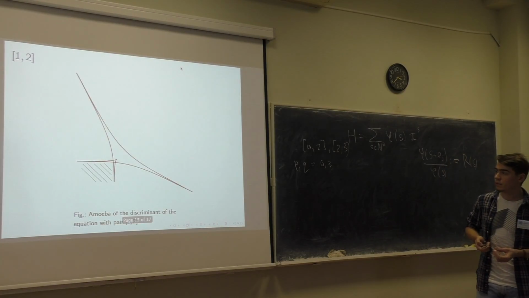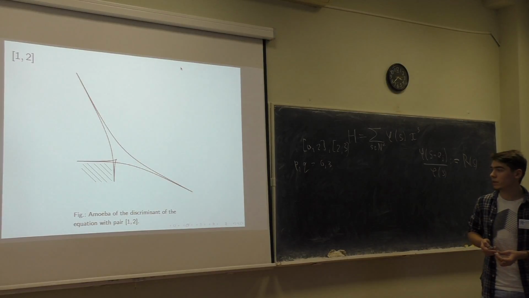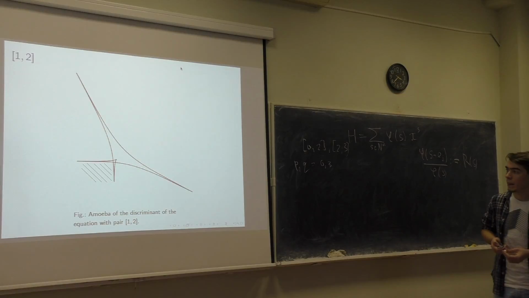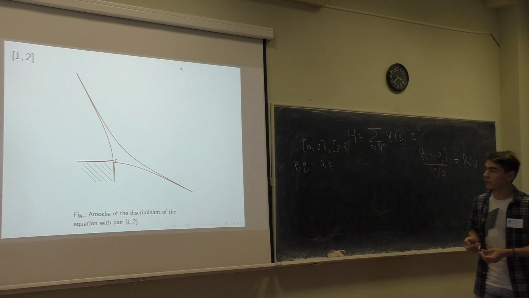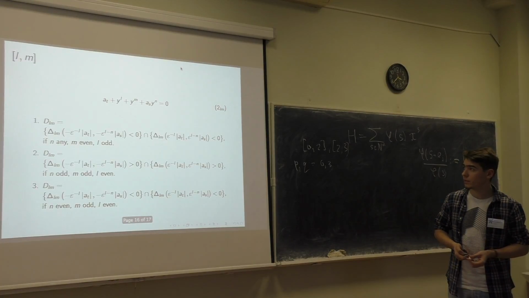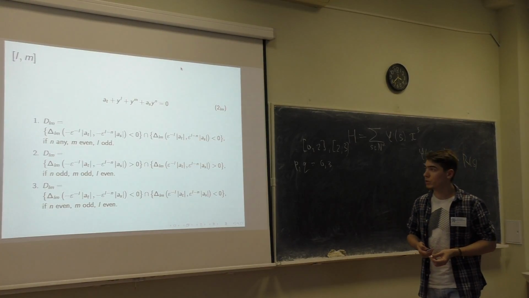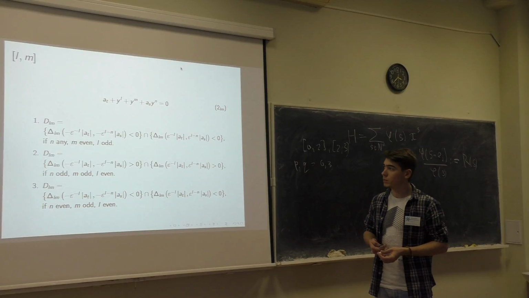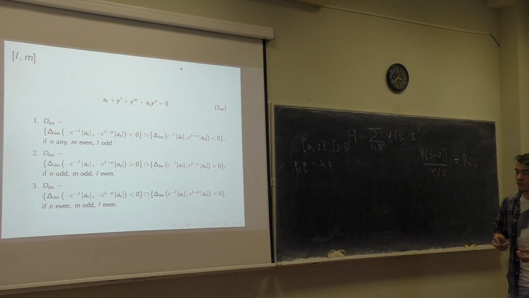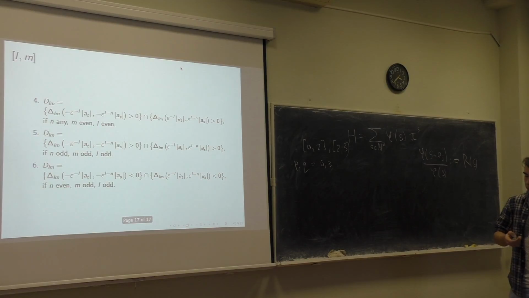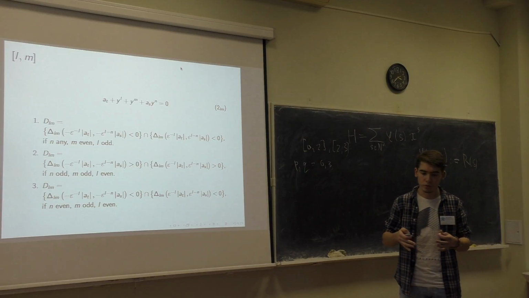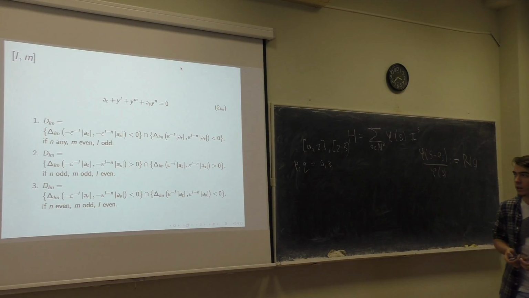And another example is the amoeba of the discriminant for the equation with pair 1, 2. And like that, we have a description of the domain of convergence. Then you may see there are 6 cases. It is because the form of the domain of convergence depends on the parity of L, M, N.